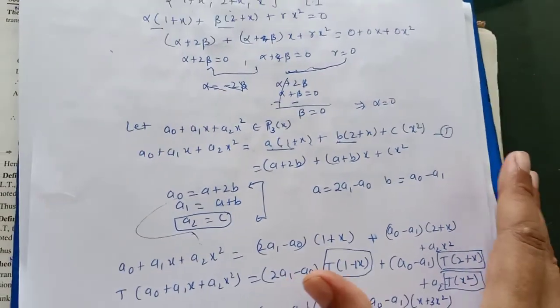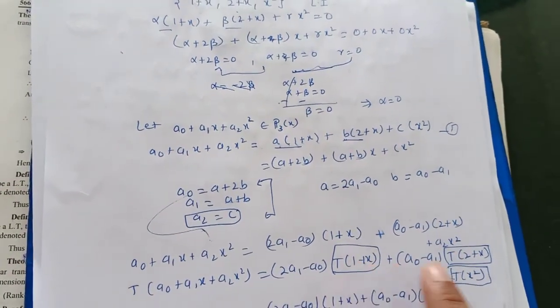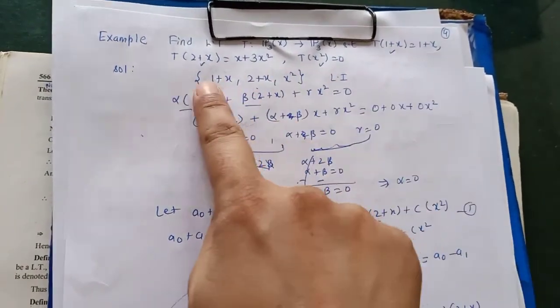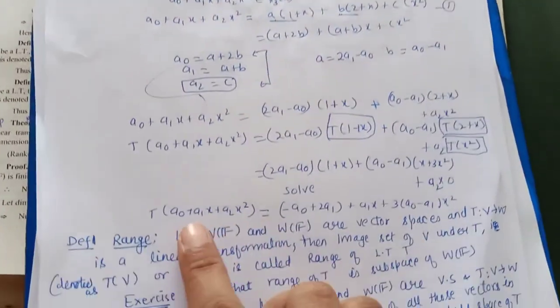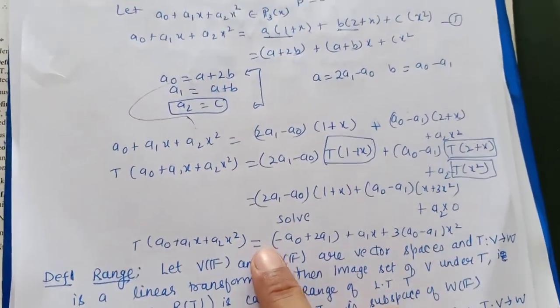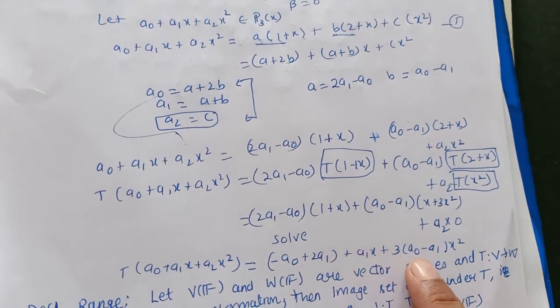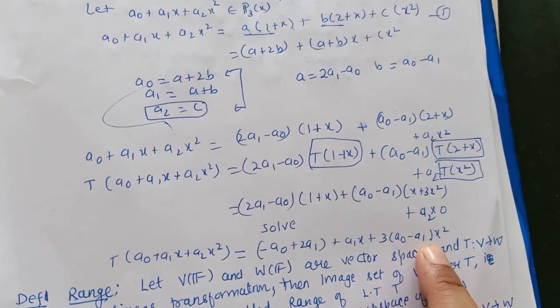So substituting the values of T of 1 plus x, T of 2 plus x, and T of x square, which are given in the question, you can obtain this transformation: a naught minus a naught plus 2a1 plus a1 x plus 3 a naught minus a1 x square.